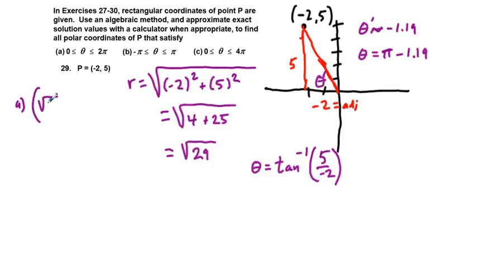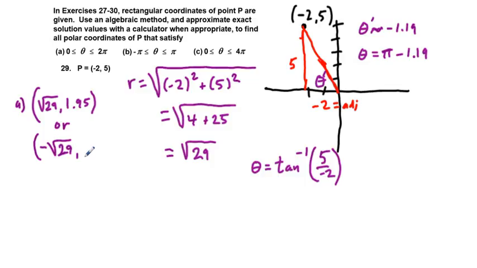square root of 29, comma, 1.95. Or I'm going to bring this below to save space. If we go the opposite direction, if we go negative square root of 29, what would we have to do?